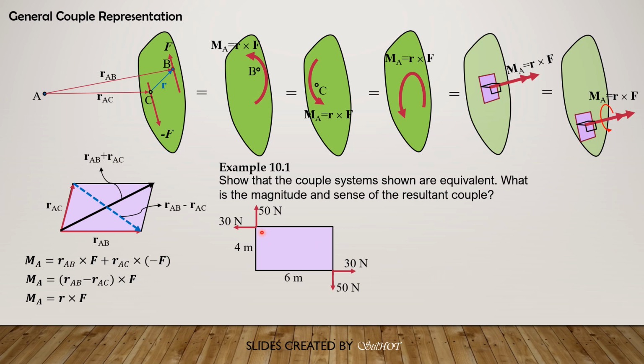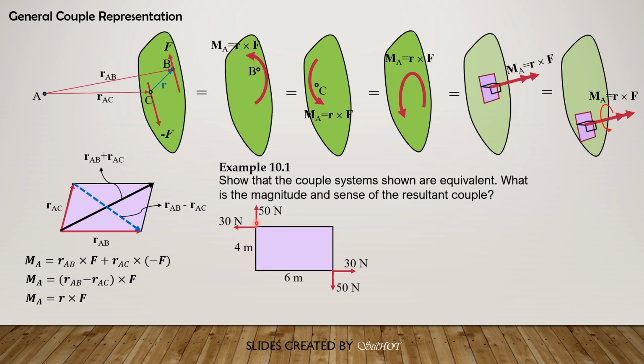The 50 Newton forces constitute a couple, and their sense is clockwise, while the 30 Newton forces constitute another couple, but the sense is counterclockwise. So we anticipate that the net couple, or the resultant couple, is clockwise. So let's consider clockwise as positive.